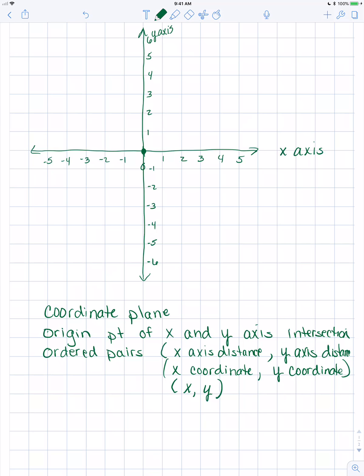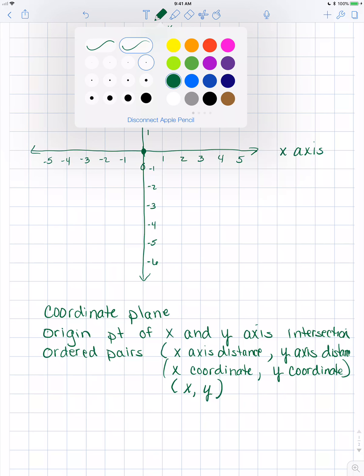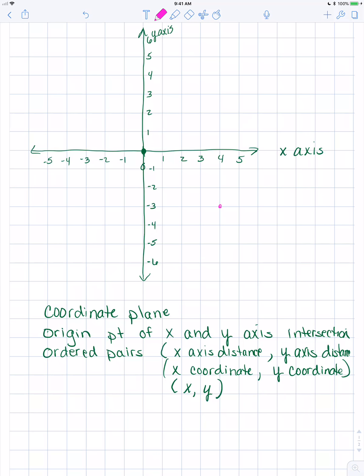Okay, so let's say we have got a point that we label here, right there, and we're going to call that point A. All right, so how do we know how to label this? Well, we're going to look at how many units it is on the x-axis. So you always go right and left first. So this goes 1, 2, 3, 4 units.